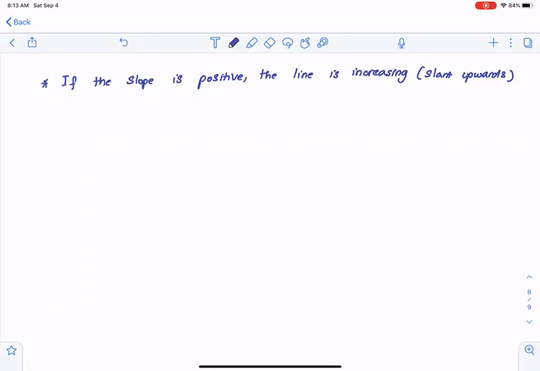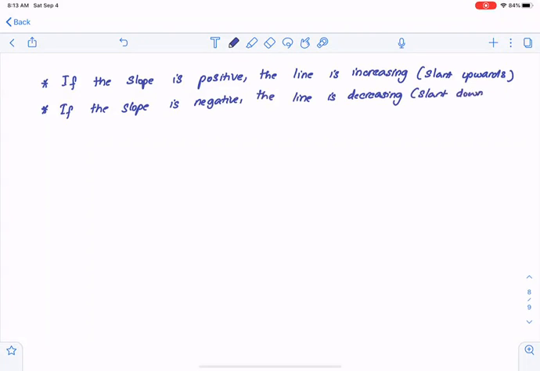If the slope is negative, the line is decreasing. In other words, it is slanting downwards. So it seems like the slope plays a significant role in determining the properties of a line. So first off, we've got to know how to find the slope of a line.